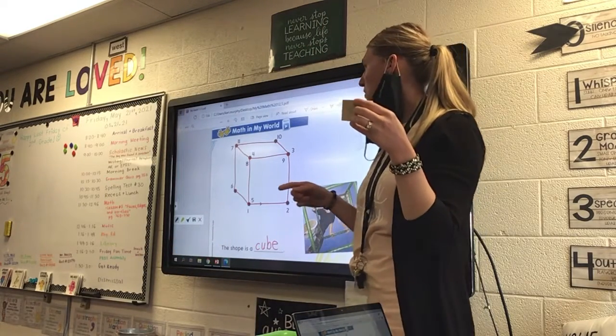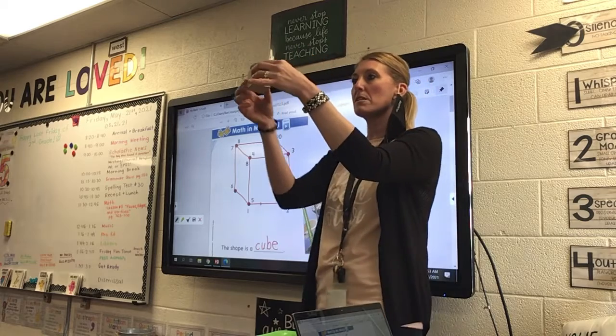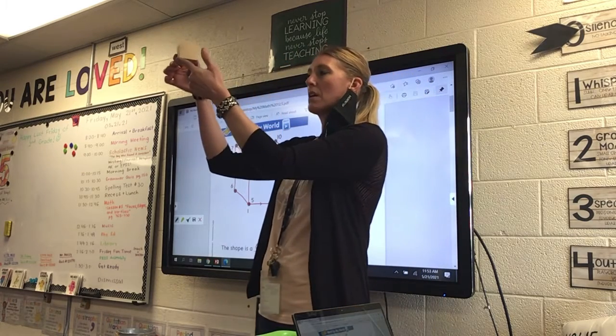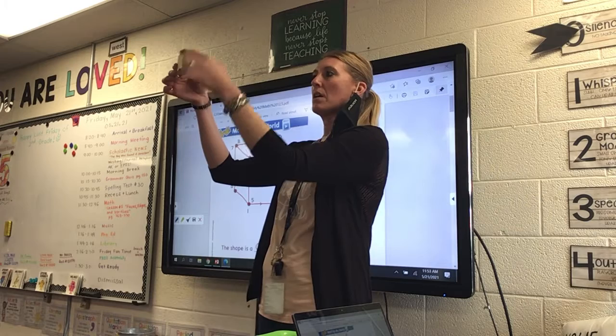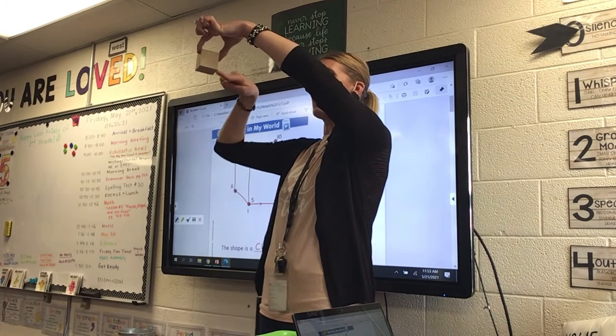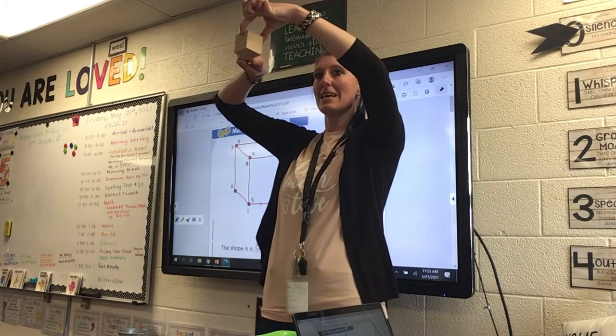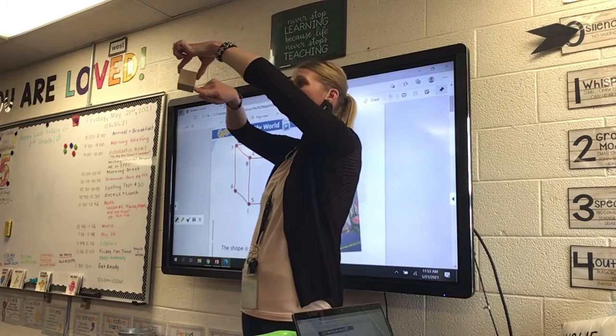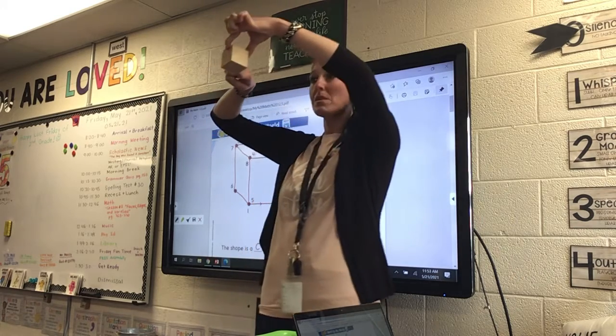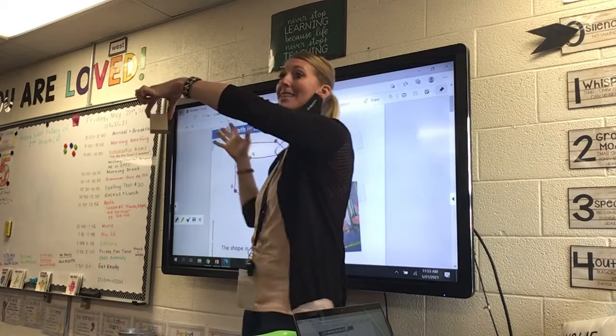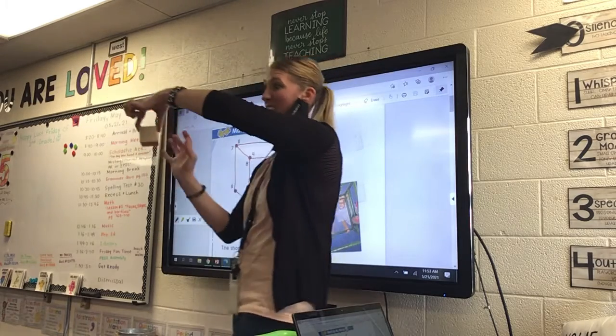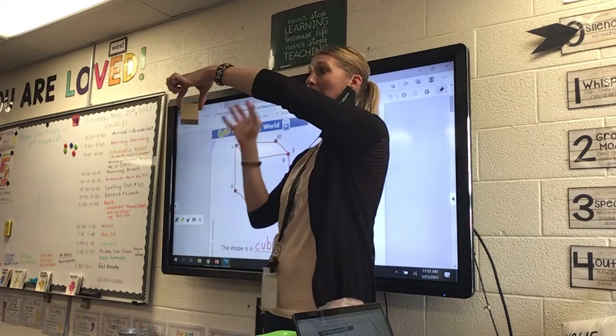Now, this is always the tricky part, because when you look at Mrs. Murphy's cube, everybody look up here. I have my cube up here. Okay, I'm going to point to something back here. Can you guys see it where I'm pointing? No. Sometimes on 3D shapes, you cannot see the back of it. It's like hiding. It's there, you just can't see it.